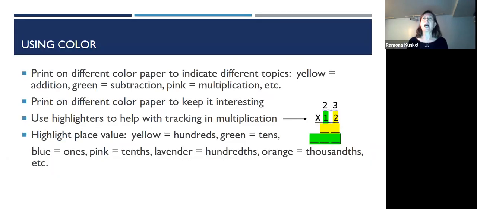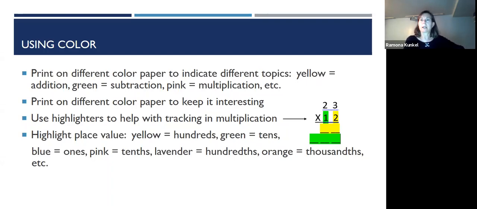So using color, just print different topics on different color. This of course works better in person, but anything that has to do with addition is going to be on yellow paper, green is subtraction, and so on, just so that they can visually organize and put things together.